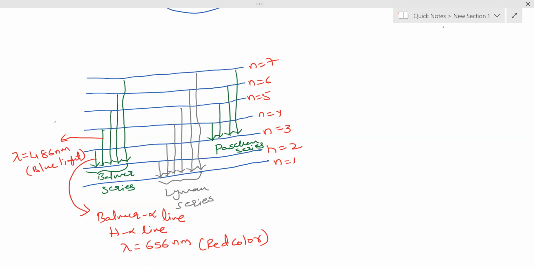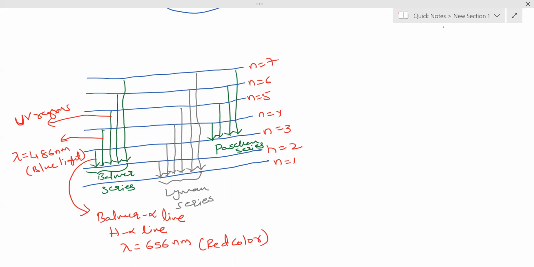And how about n equal to 5 to n equal to 2? The energy will be even much higher, and that falls in the UV region. So all these transitions will come under UV region or even higher energies, based on the amount of energy emitted during the transition.